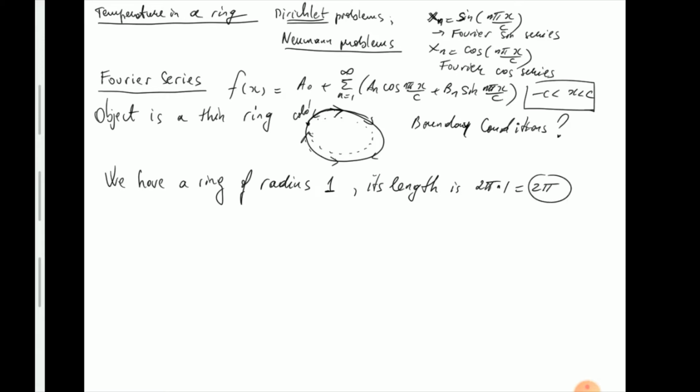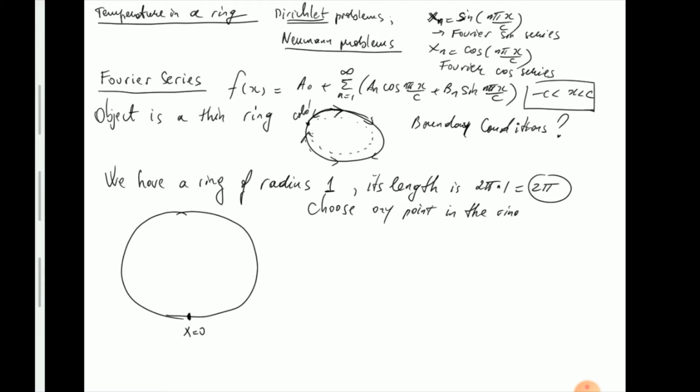So to make it suitable for a Fourier series, you can choose any point on the ring. Let's sketch it one more time here. I can choose any point on the ring and call it 0, the coordinate 0. So we can choose, let's write in words actually, any point in the ring and call it the origin, x equals 0.